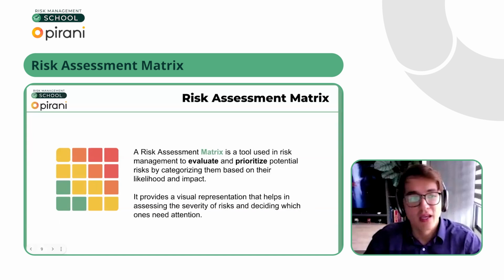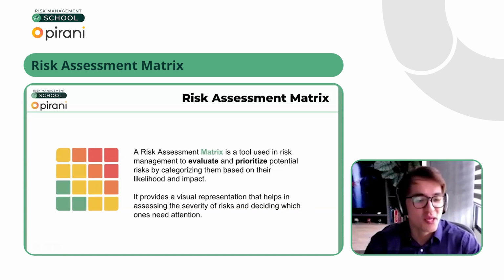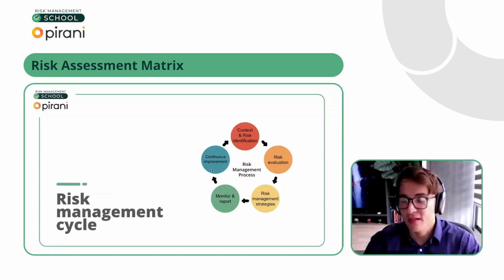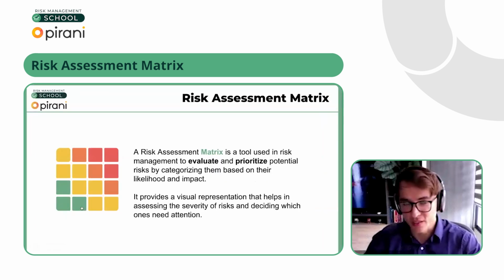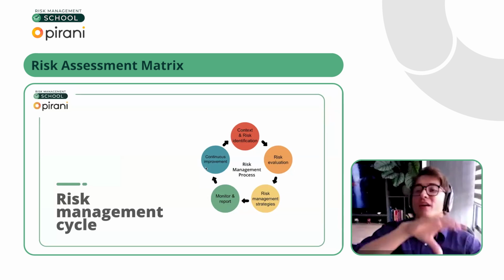So once again, as in every risk management school, you know me, we're going to talk about the risk management cycle. Remember, that is the frame where you are working. Risk management is not just that grid. Remember that risk management is a whole cycle, from identifying the context, risk evaluation, risk strategies or treatment, monitoring and reporting, to continuous improvement.